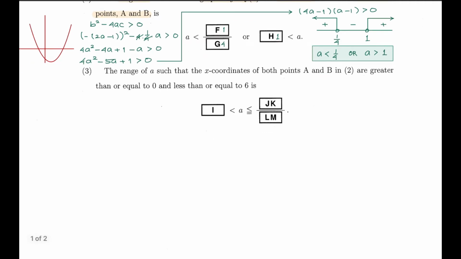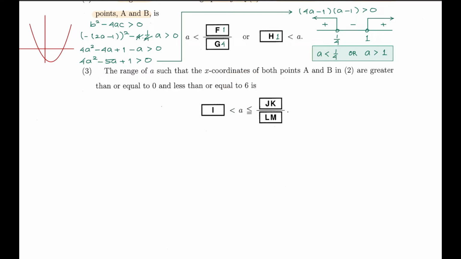Kita lanjut ke pertanyaan yang terakhir. The range of x such that the x coordinates of both points A and B in 2 are greater than or equal to 0 and less than or equal to 6.